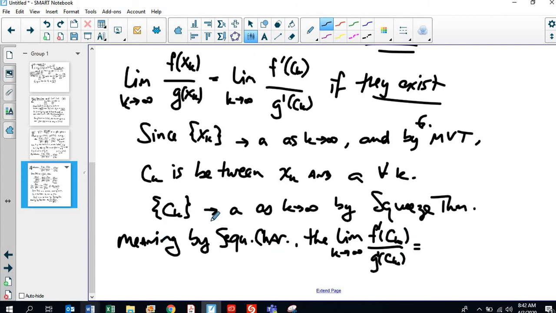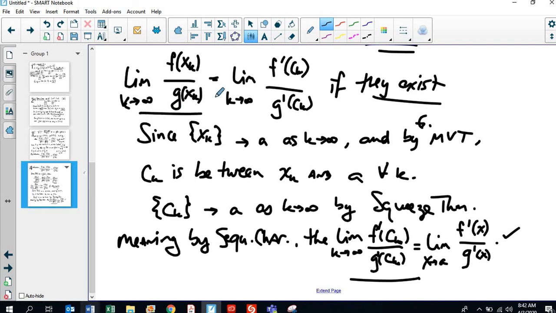And so since ck is going to a, this has to be the same as the limit as x approaches a of f prime of x over g prime of x. And we know this limit exists, but this limit's equal to this limit.